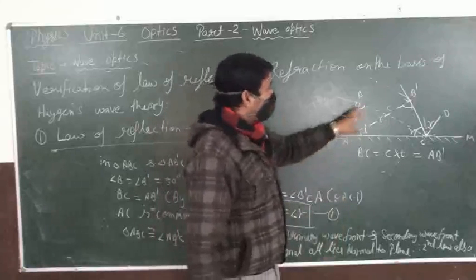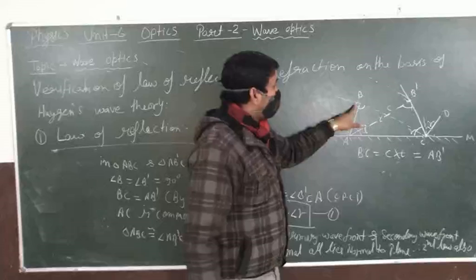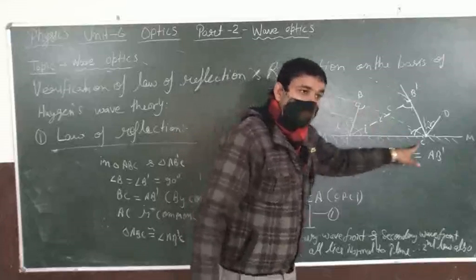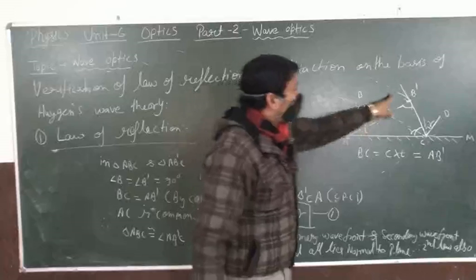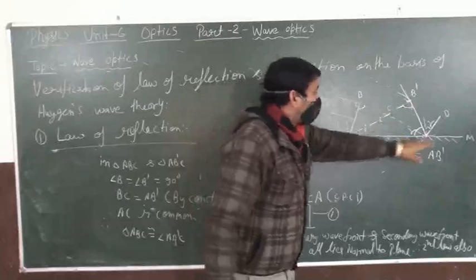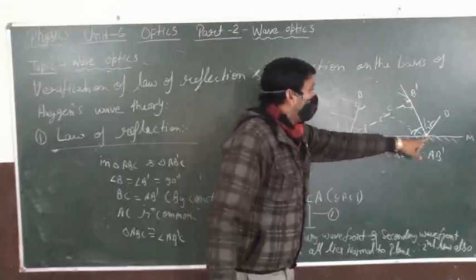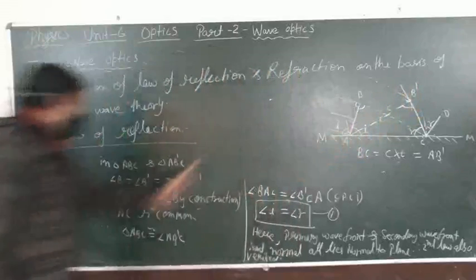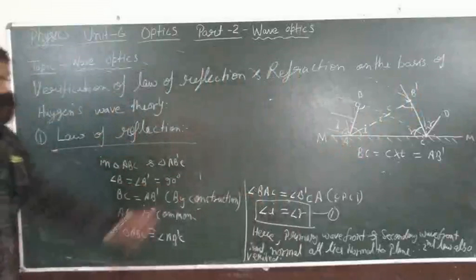Therefore, taking A as center and radius equal to BC, draw an arc which touches the ray produced from C at B'. Now from the figure, in these two triangles we can solve this.